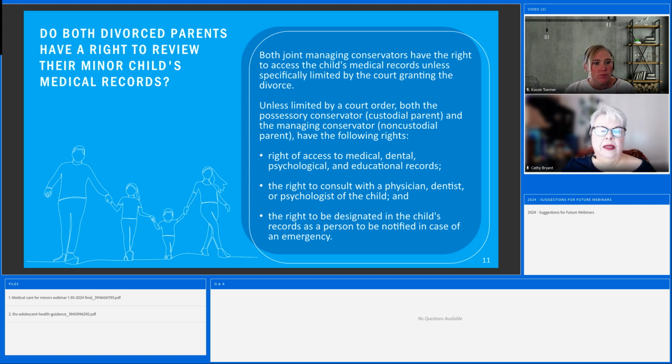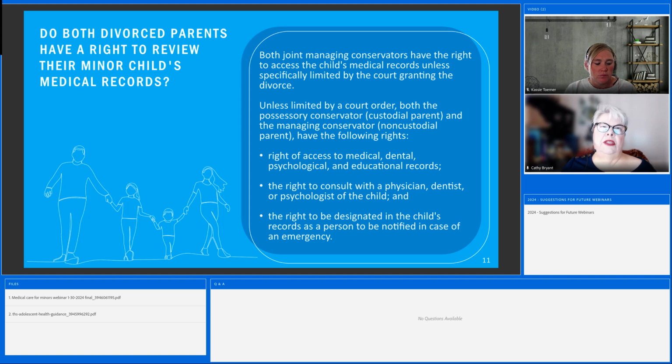Generally speaking, both parents have the right to review their minor child's medical records. It would be fairly rare that the courts limited the access to one parent, but it is possible.